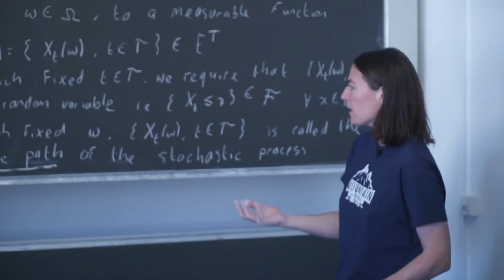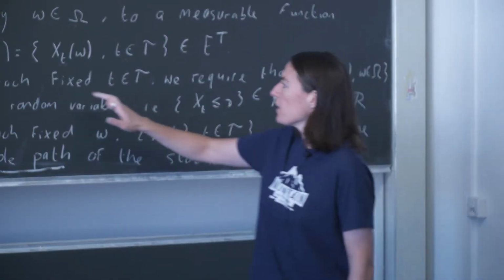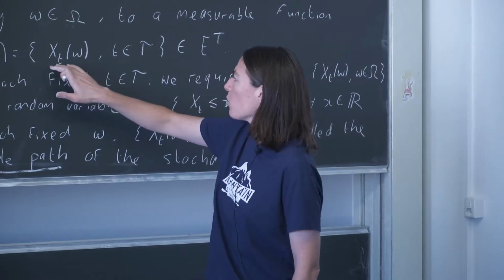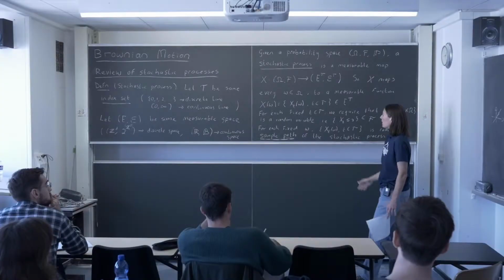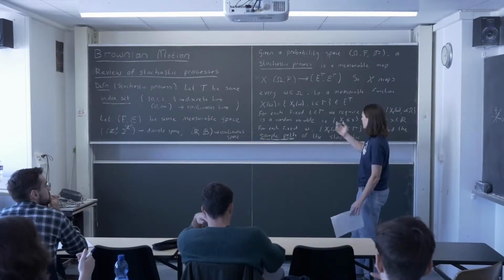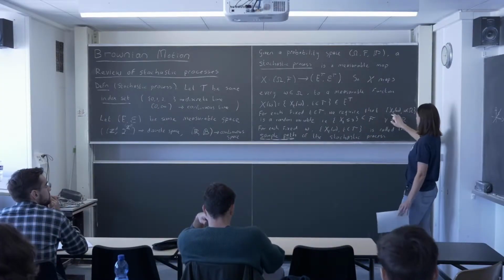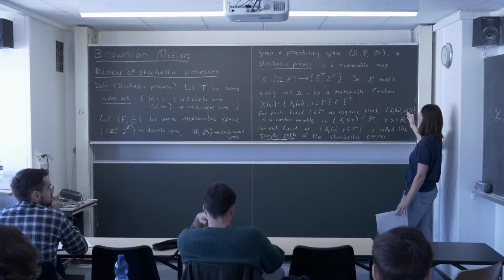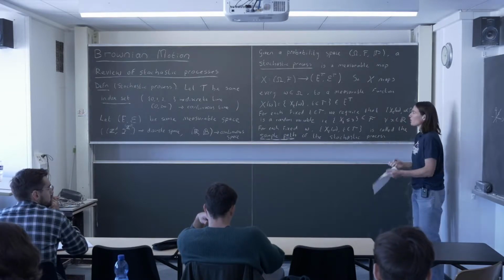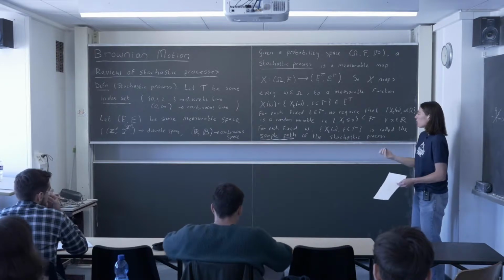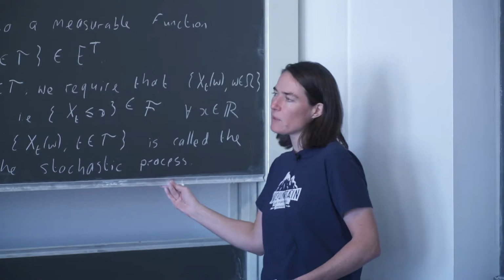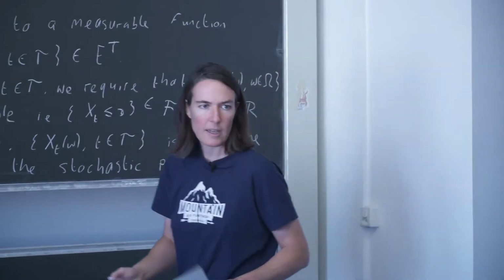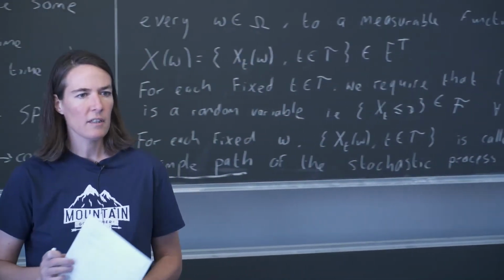As you fix omega and run through all of the t's, you get a function called the sample path, or you can fix t and consider this as a function of omega, and that gives you a random variable. So you can fix t and think of it as a function of omega, or fix omega and think of it as a function of t, and it satisfies these properties. Okay, any questions on that definition?